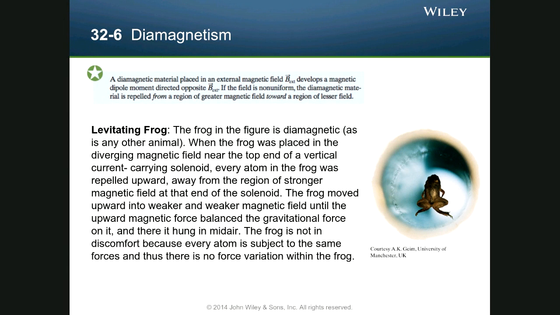In this sense, almost everything in the universe is diamagnetic. You are diamagnetic. This little frog here is diamagnetic. There's such a strong magnetic field from the superconductor that it's lifting the frog quite evenly and comfortably. It's elevating the frog.